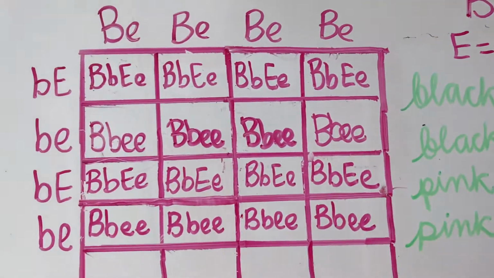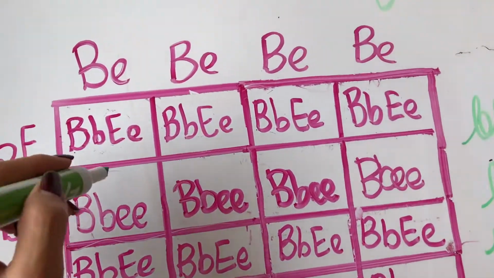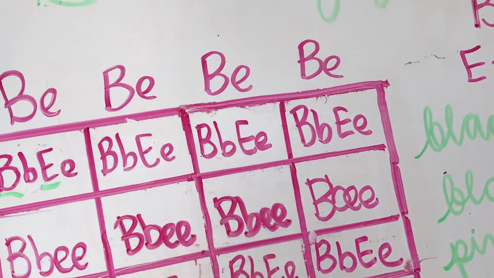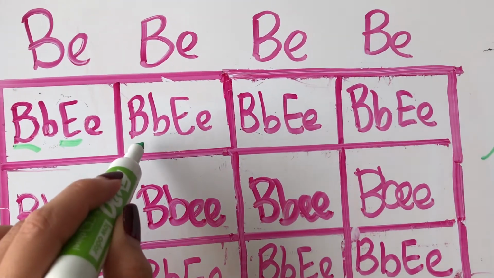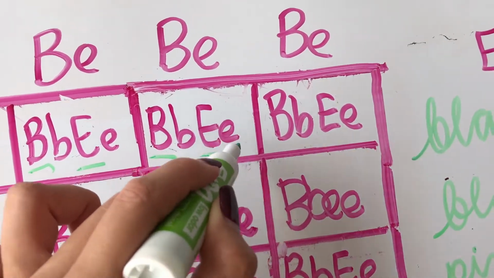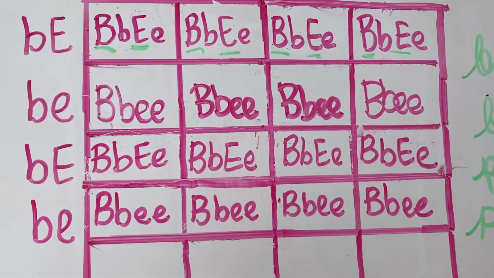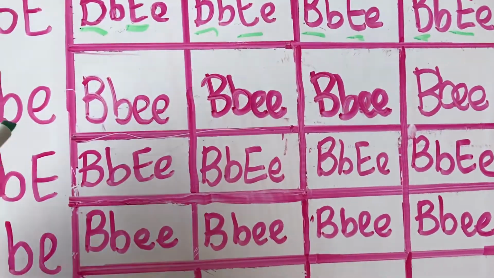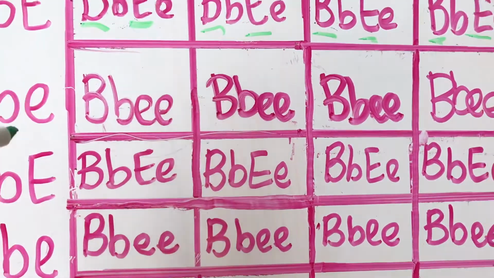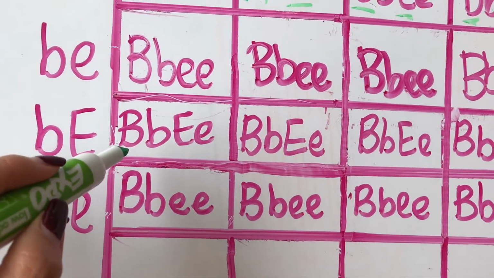So we go to the punnet square and we see. Okay, so this one has B and E. This one as well. This one. And we have to look in the punnet square which ones have these traits. So it will be this one. So this one as well.